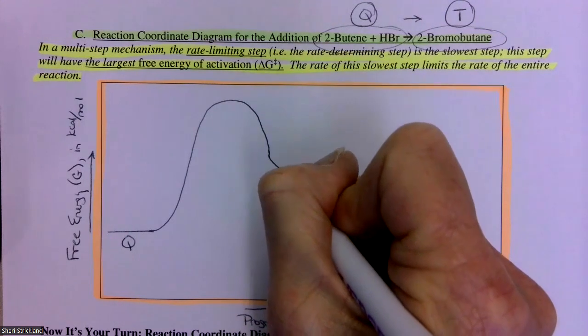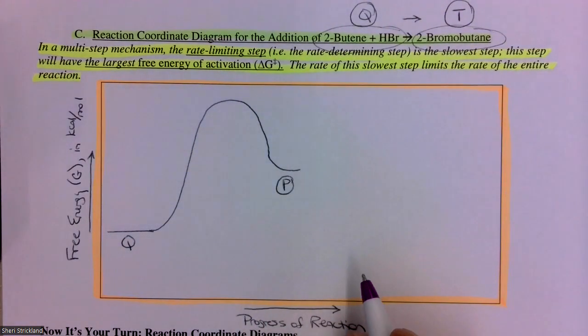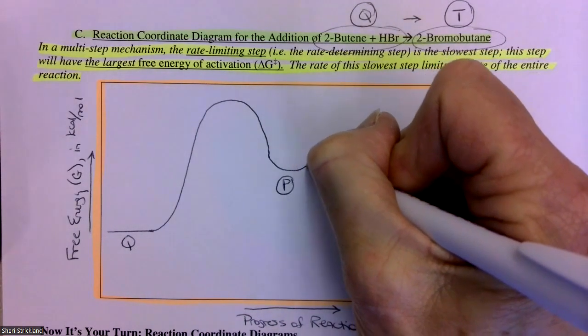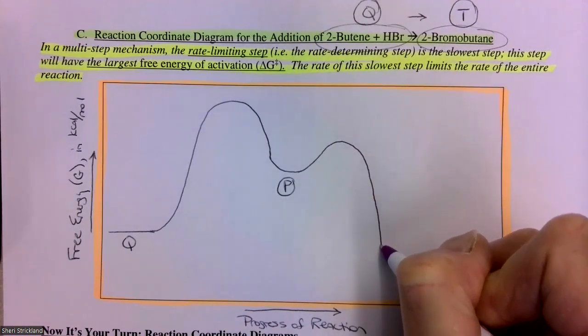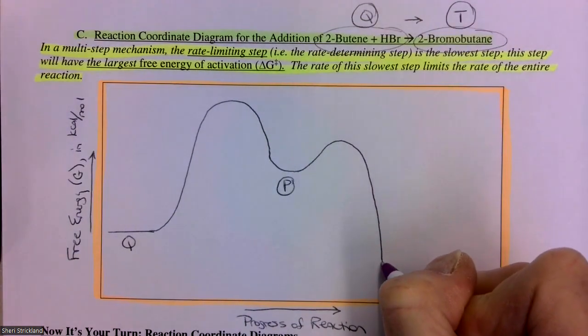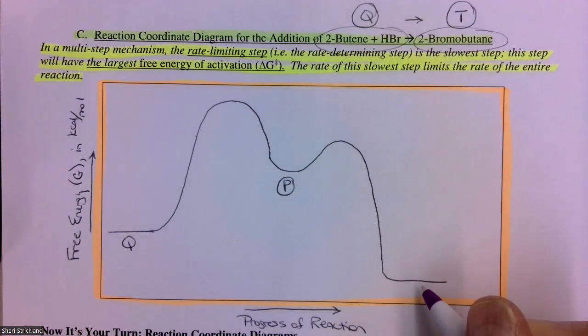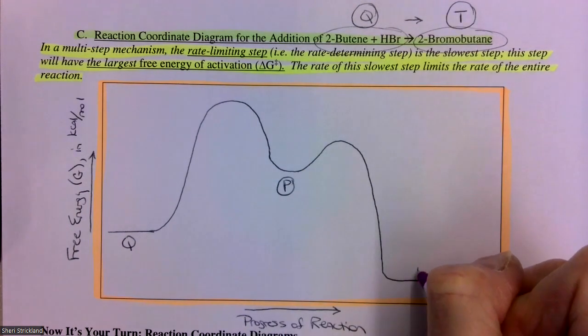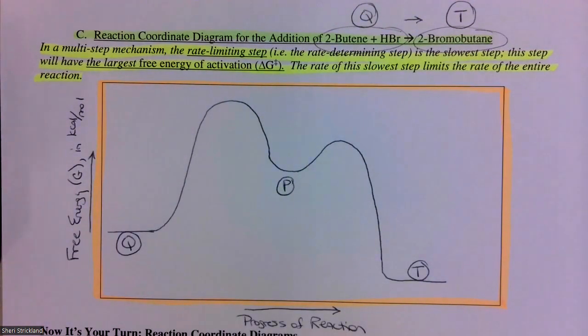This is P, the carbocation intermediate, plus the bromide ion. And then the two of them had a reaction, and we formed one bond. So when bonds are formed, energy is released. So this step is exergonic, and so that's where we find the final products.